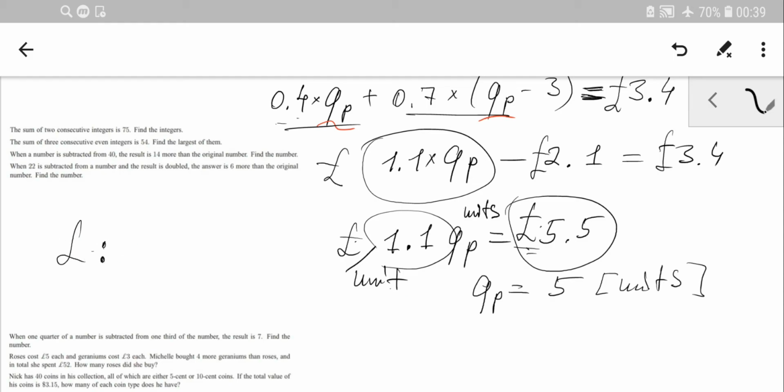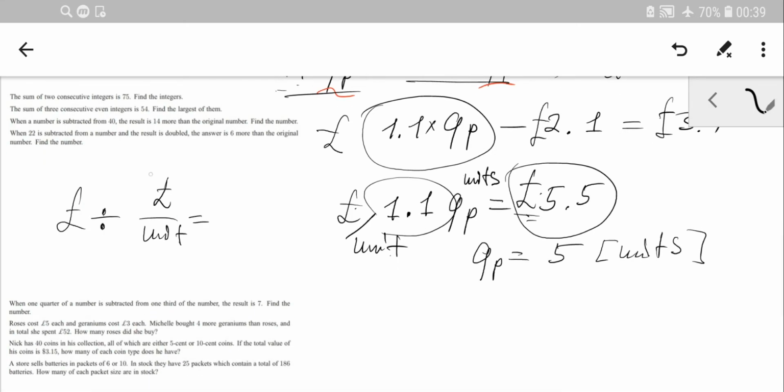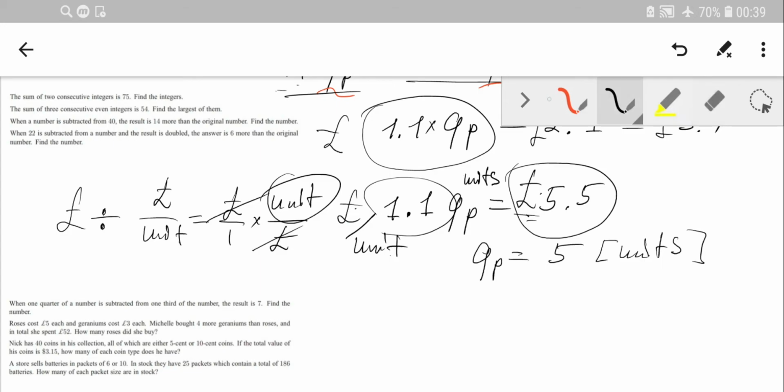We divide pounds by pounds per unit. How do we divide fractions? We make the divisor a reciprocal, so it will be pounds over 1 multiplied by units over pounds. The pounds are cancelled and you stay with the units. It's not strictly necessary, but it's a useful check, very significant when you're not sure about the formula you're using.